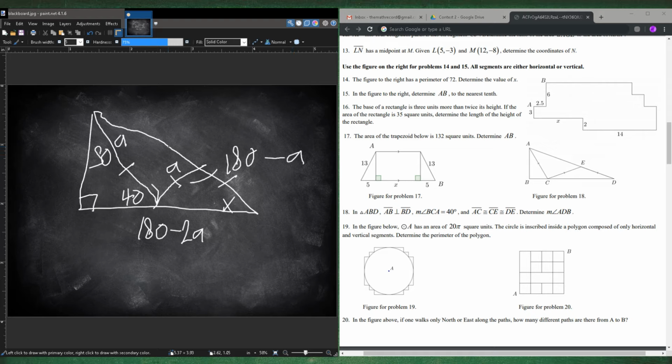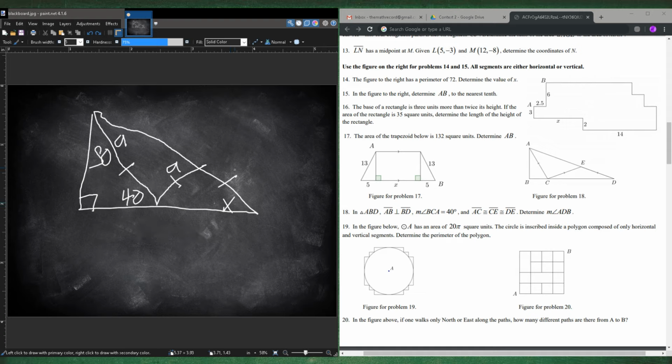And then, since this is another isosceles triangle right here, it has to be 180 minus that, 180 minus 180 minus A. So that would just be A. So the sum of x plus this angle right here has to be A. And since they're isosceles, that means it has to just be A over 2.